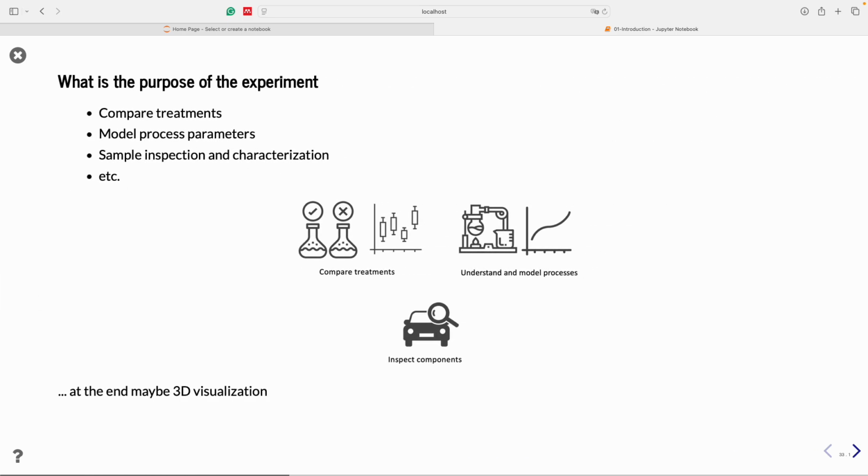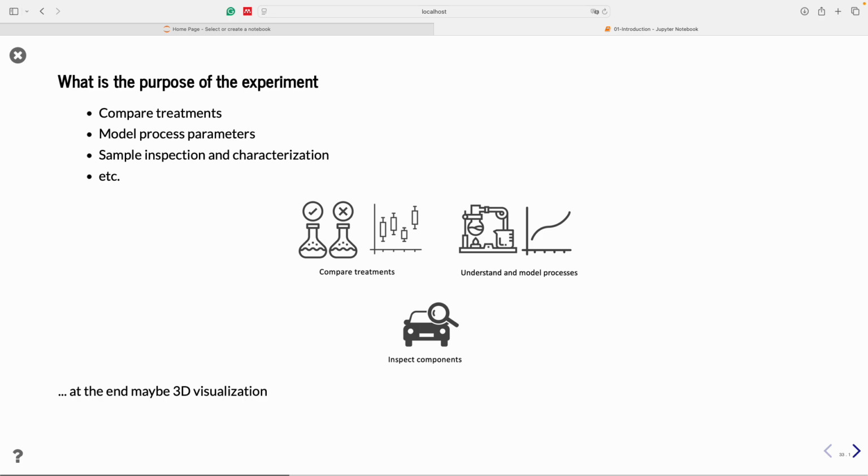And the purpose of the experiment could be to compare different treatments, could also be to extract modeling parameters. So for example, if you look at the water uptake in soil, you want to have some transport parameters that you want to quantify on that particular soil.